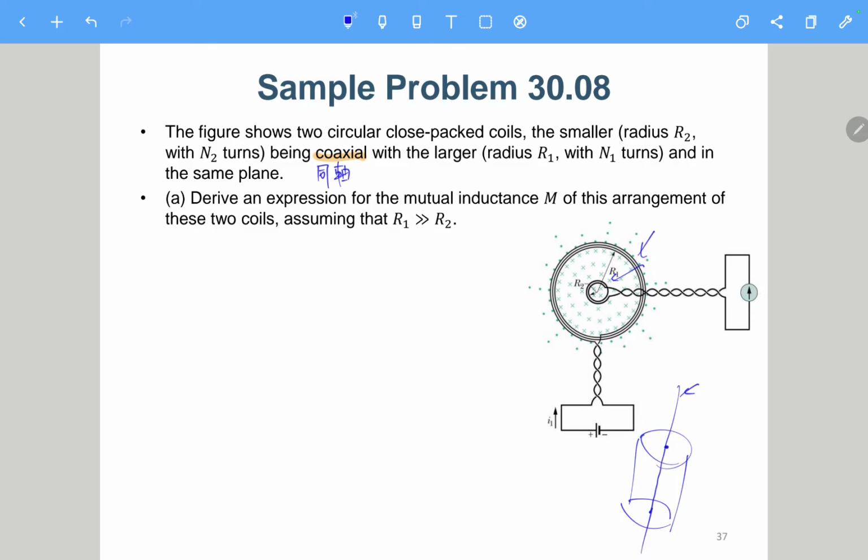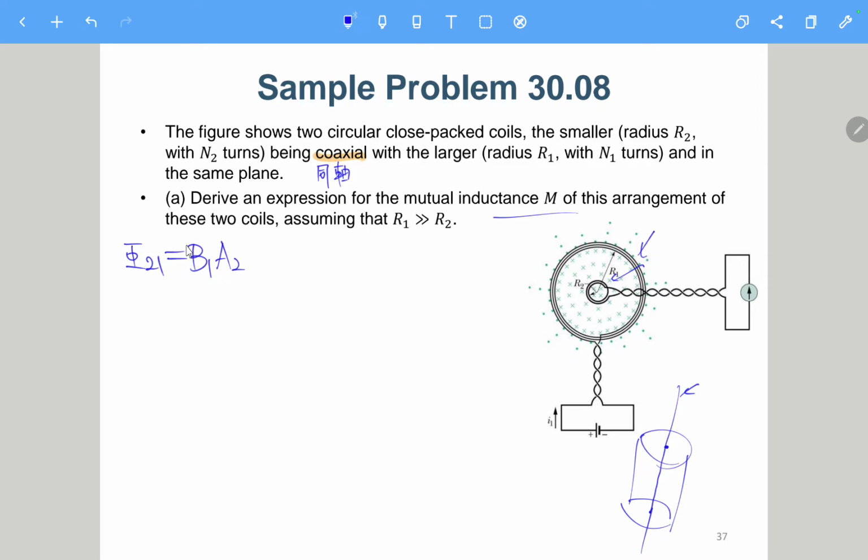So here, we try to derive the mutual inductance. Maybe it's a bit complicated. So first of all, phi 21, which is B1 A2. Why B1 A2?